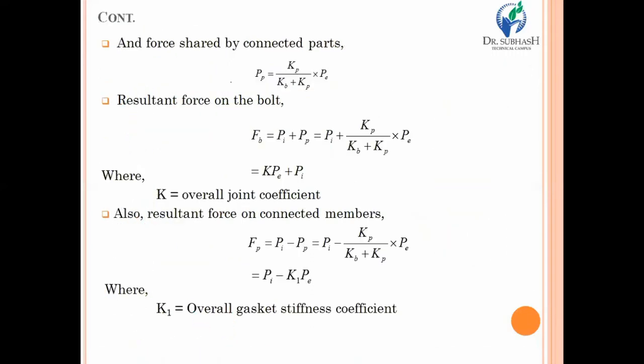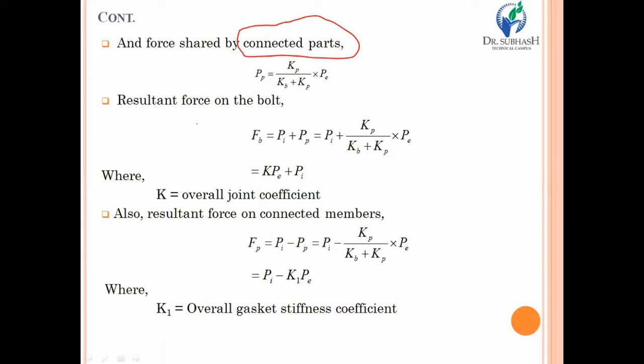Now, once you have calculated the force shared by each bolt, you also need to calculate the force shared by the connected parts. It becomes P_P equals K_P upon K_B plus K_P into P_E.